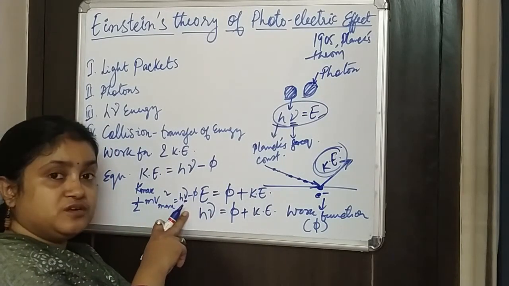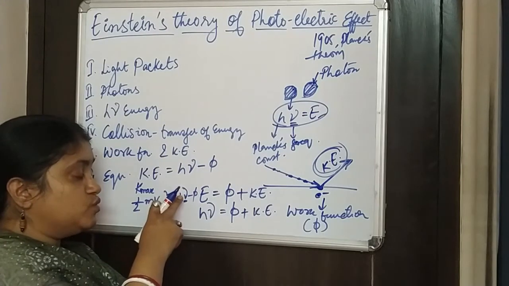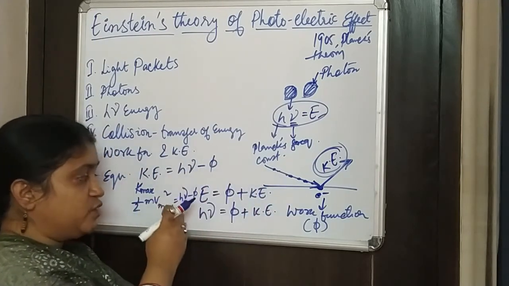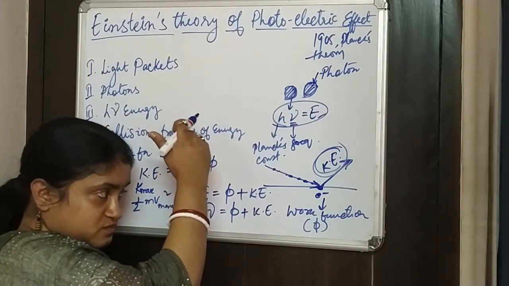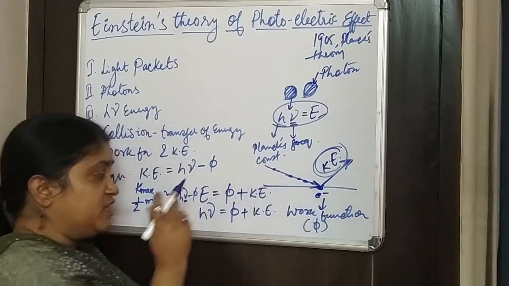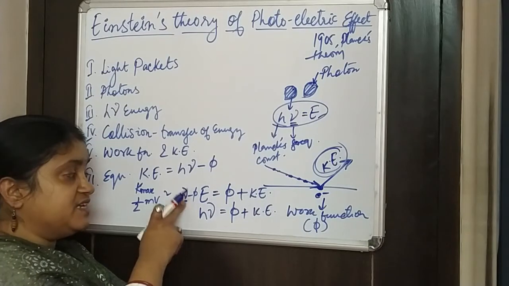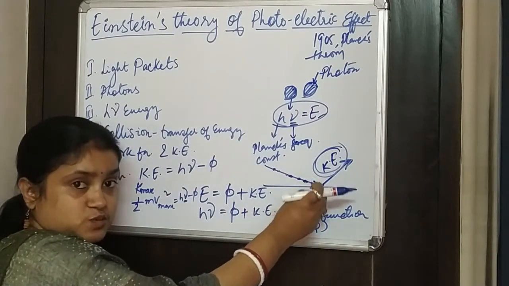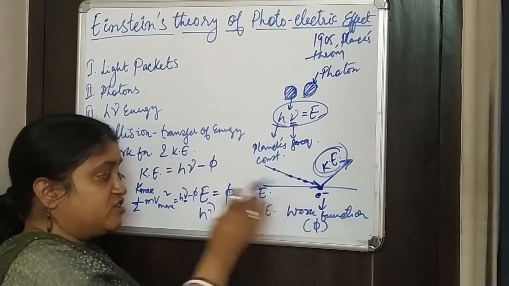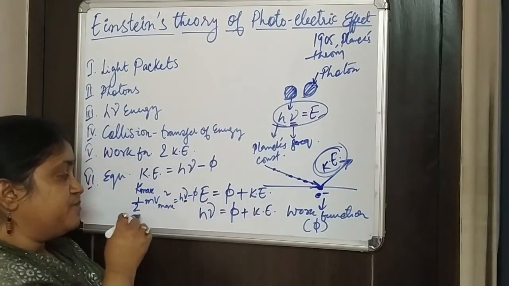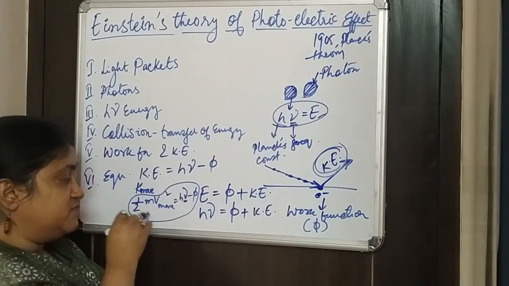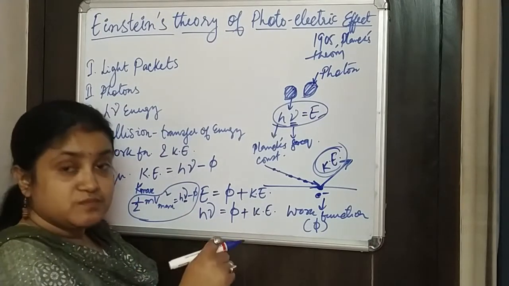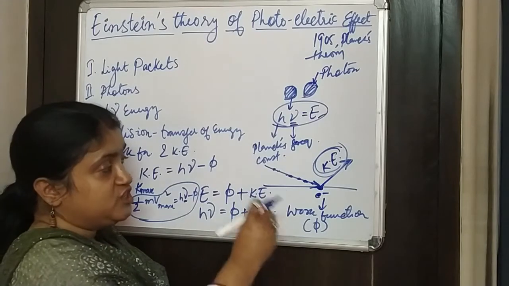When light of a particular frequency is falling, part of its energy is used to eject the electron, that is the work function, and the rest of the energy is transferred as half m v square, the maximum kinetic energy with which the electrons are coming out.